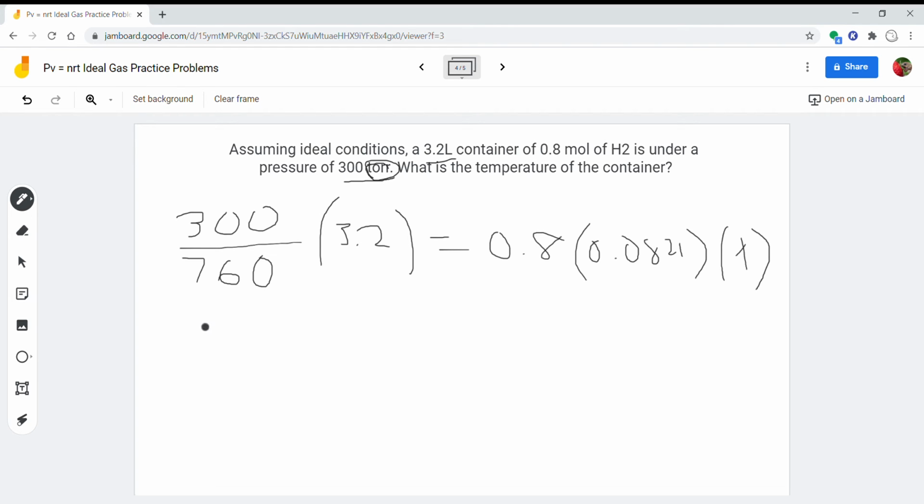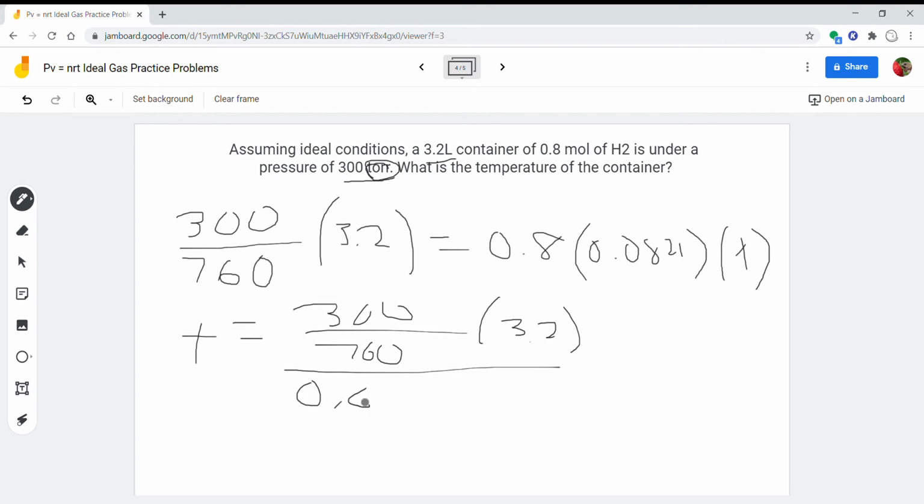So let's just solve for T, all over 0.8 moles multiplied by the gas constant. And at the end, we should get an answer where T is equal to 19C.